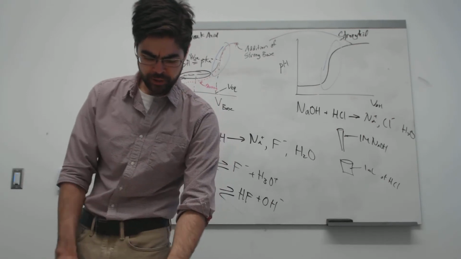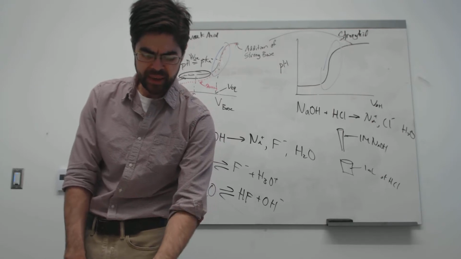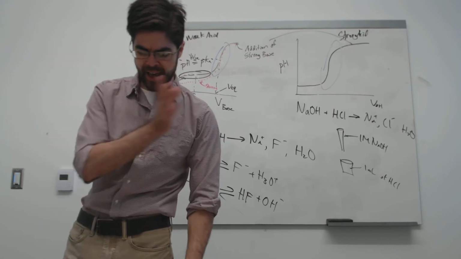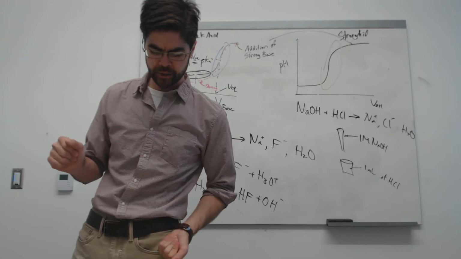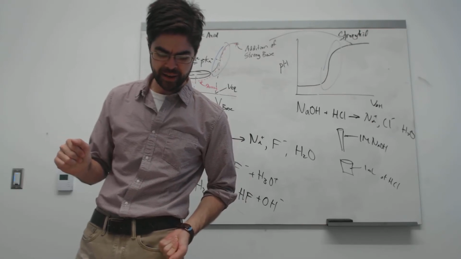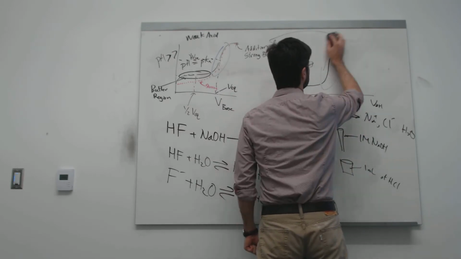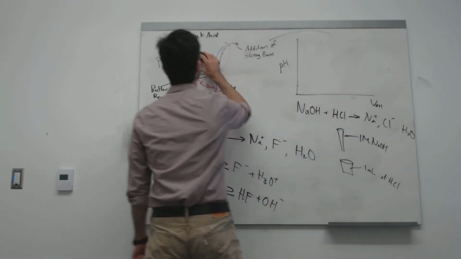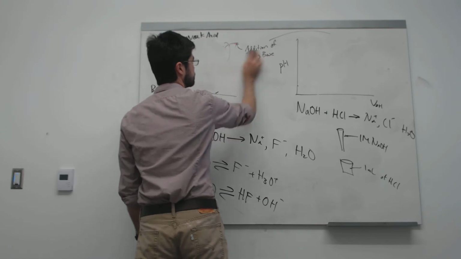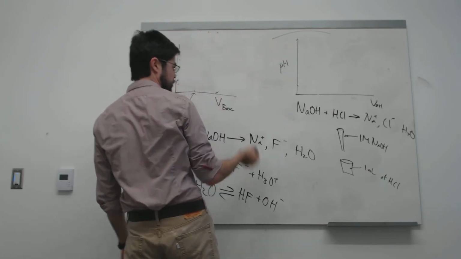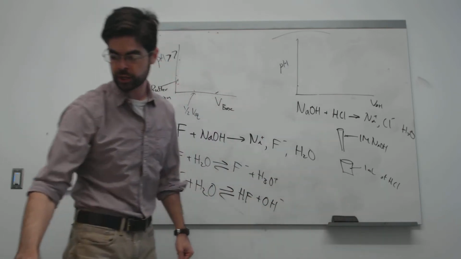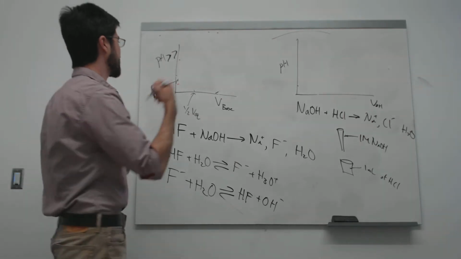Okay, so this is one of the questions I asked. I had these two charts for these two weak acids. Why did B have a higher Ka value? So let me recreate these. They were two titration curves for weak acids.